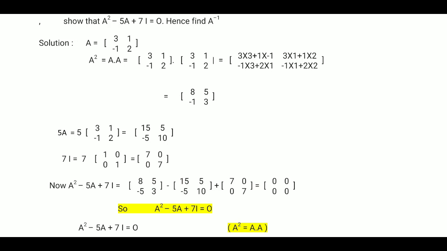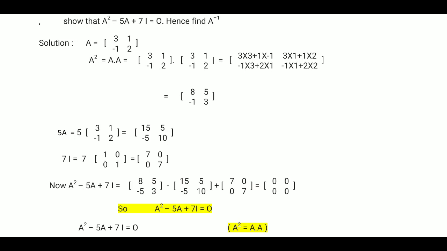Now find the value of A square minus 5A plus 7I. Write all matrices according to sign, and we get 8 minus 15 plus 7, we get the first row first column element, that is 0. 5 minus 5 plus 0, we get the first row second column element, again 0, and similarly minus 5 minus 5 minus minus 5, this is also equal to 0.